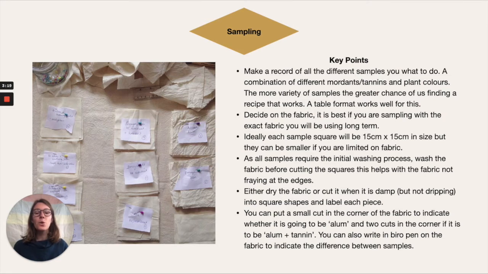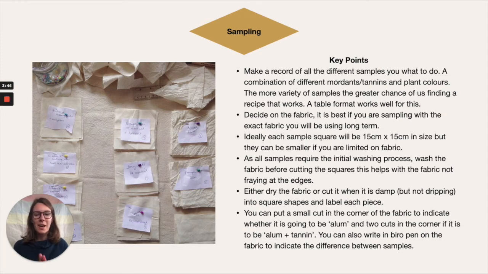And so let's wash the big piece of fabric first using that process in session 3, and then we can cut it up into the right sizes. So you can either dry the fabric before you cut it up, or you can cut it when it's damp. Either way works.